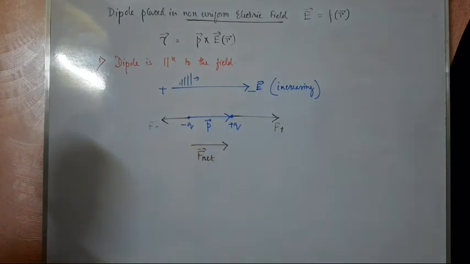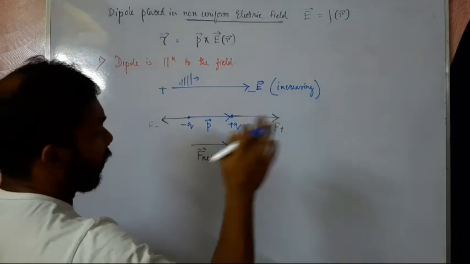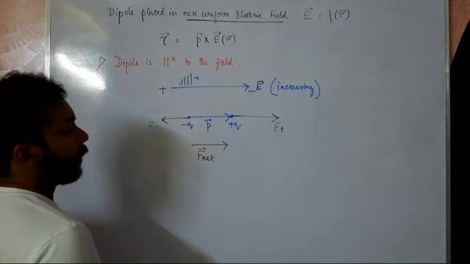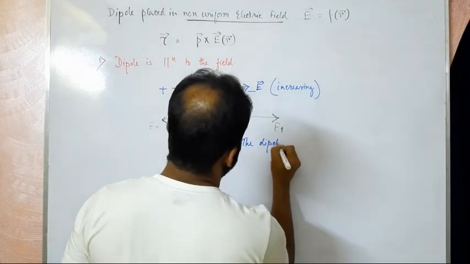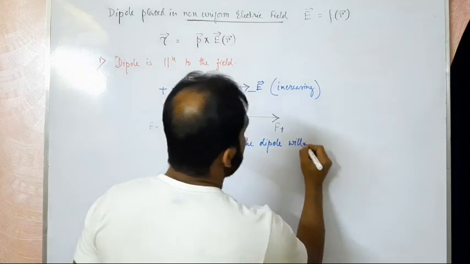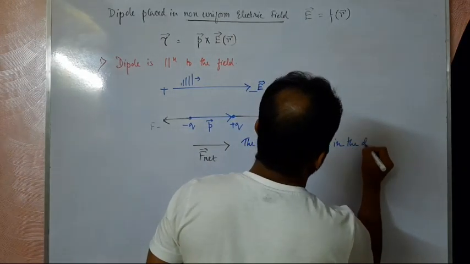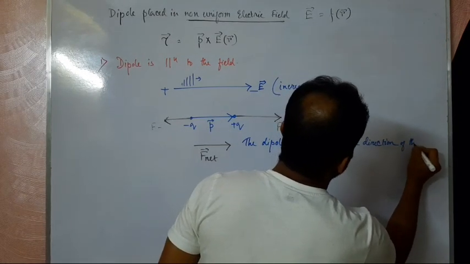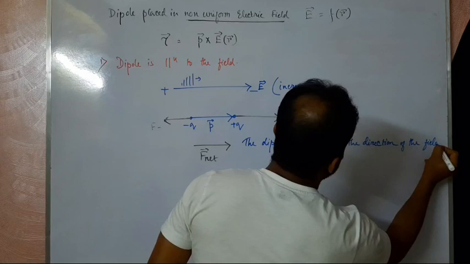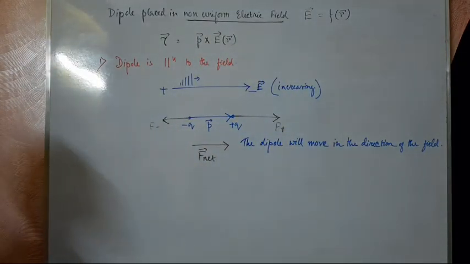So what we can see is the dipole will be drifted or have a translational motion in the direction of the field. The dipole will move in the direction of the field when it is placed parallel to the field.